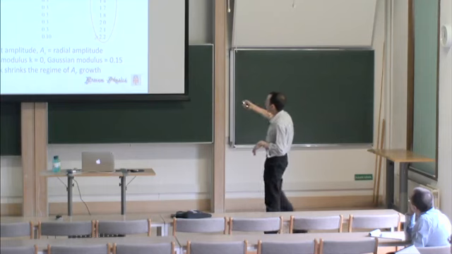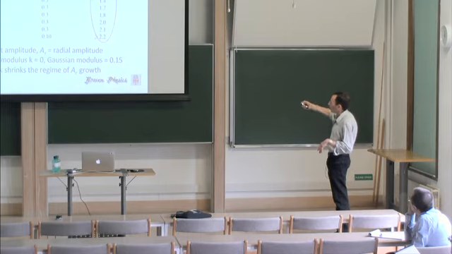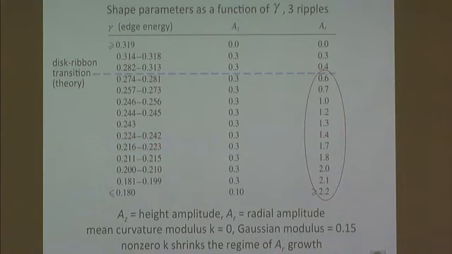But more interestingly is the growth of the radial protrusions, which has a fairly dramatic rise as you go from the region where the theory predicts flat disks to where you have twisted ribbons. So we view this as at least some qualitative indication that this model is in agreement with the experiment.